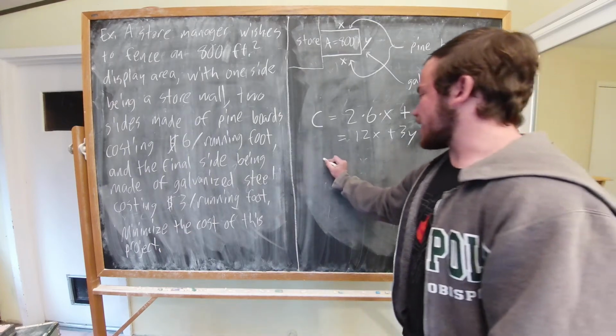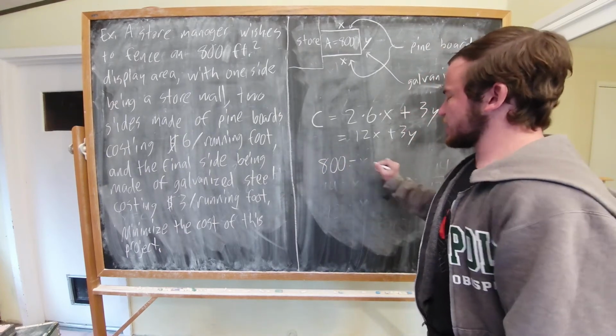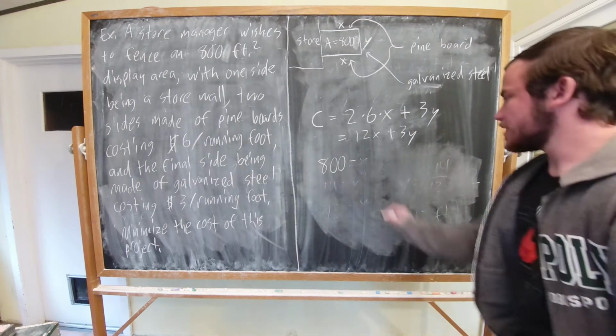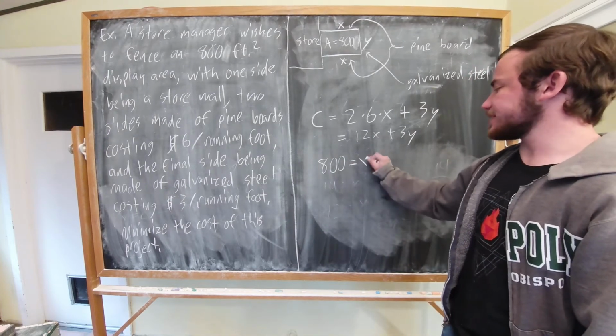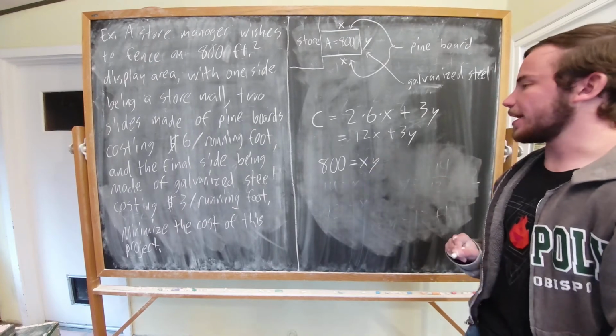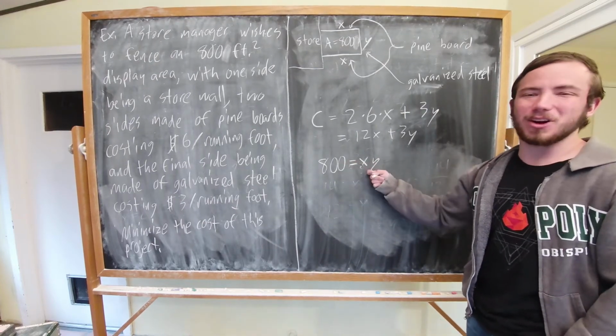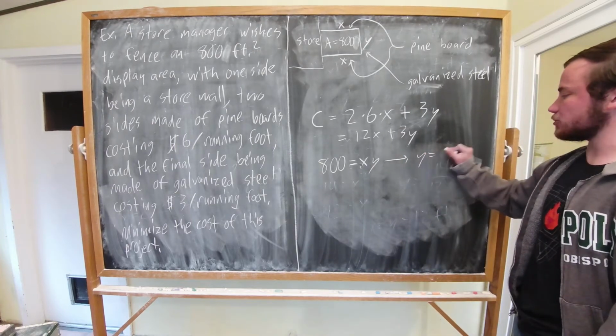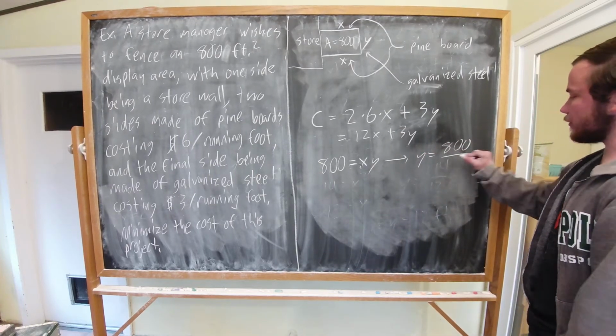Well, we know that 800 is equal to x times y. Our area is equal to the product of our two sides, which means that y is equal to 800 over x.